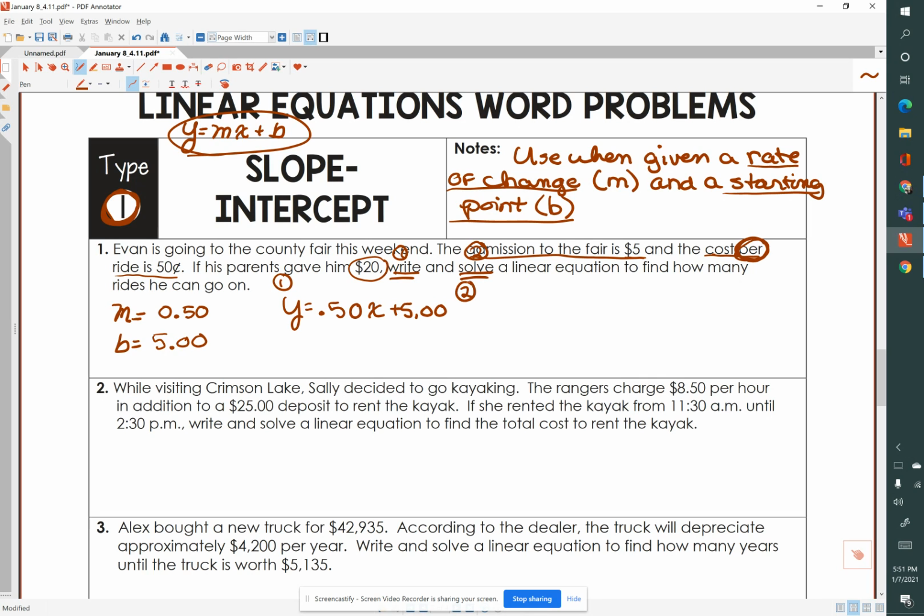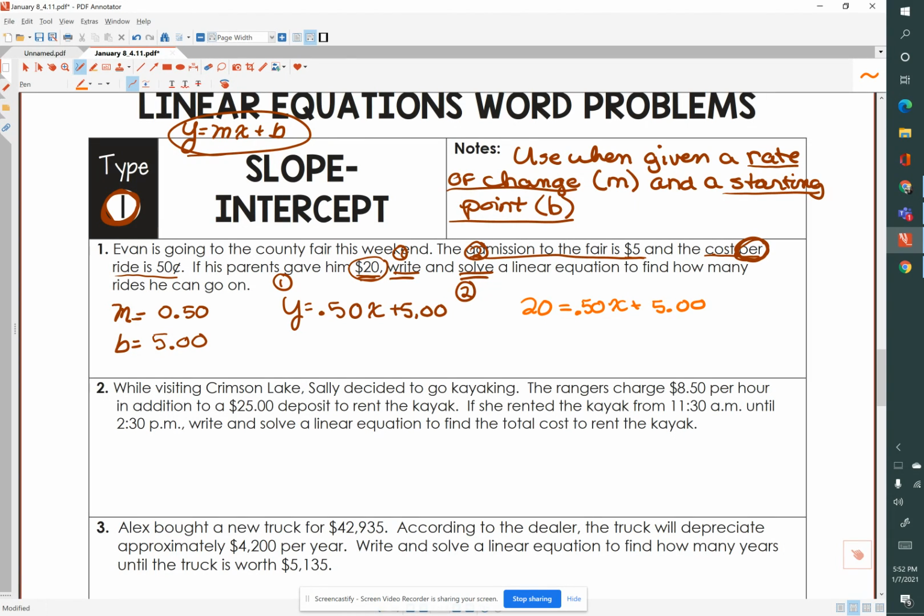Now, for part 2, we have to solve the linear equation. Well, what's missing? We see that Evan's parents gave him $20. So that's going to be our y equals. So we're going to have $20 equals 0.50x plus $5.